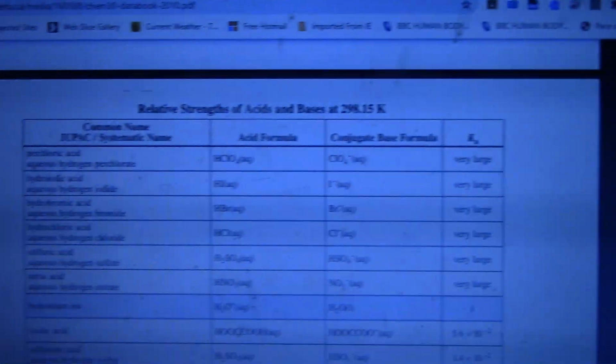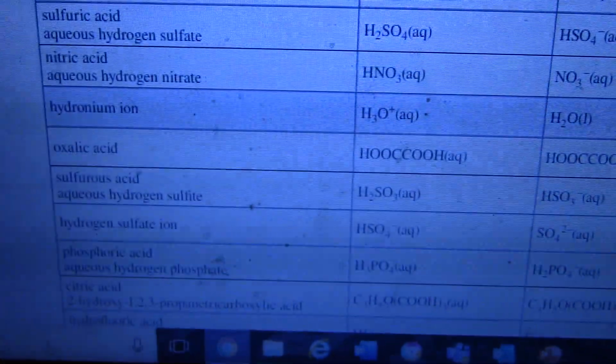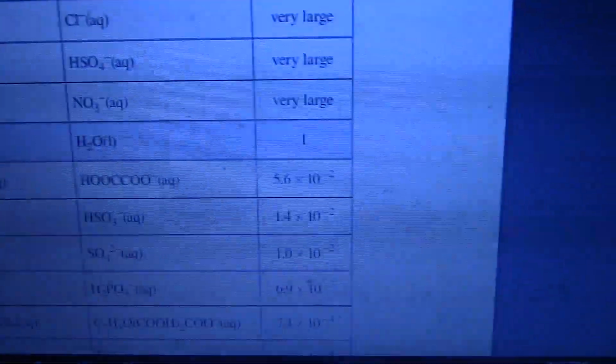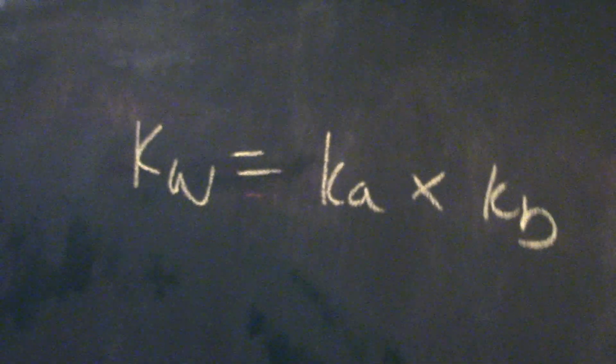Now, to find Kb, look at your data booklet, okay? What you're given in here is your Ka values. So if I look at oxalic acid, for example, Ka is 5.6 times 10 to the negative 2. I can solve for Kb indirectly, so I know that Kw equals Ka times Kb, okay?